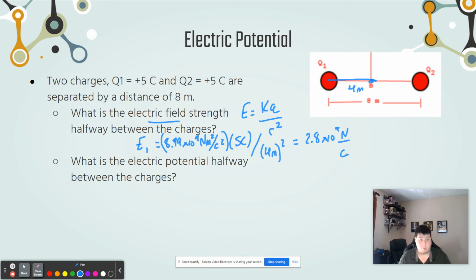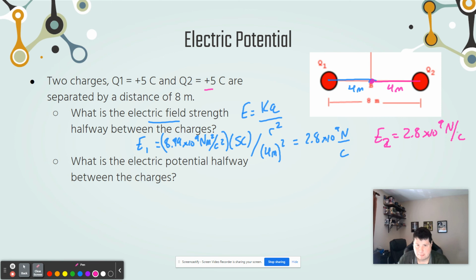That we've seen before, doing electric field strength. We've also seen that I made this easy: these are the same charges. So if I were to do charge 2 at this same point, that's also 4 meters away. Hopefully you believe me that it would be the same calculation, and you would also get 2.8 times 10 to the ninth newtons per coulomb.